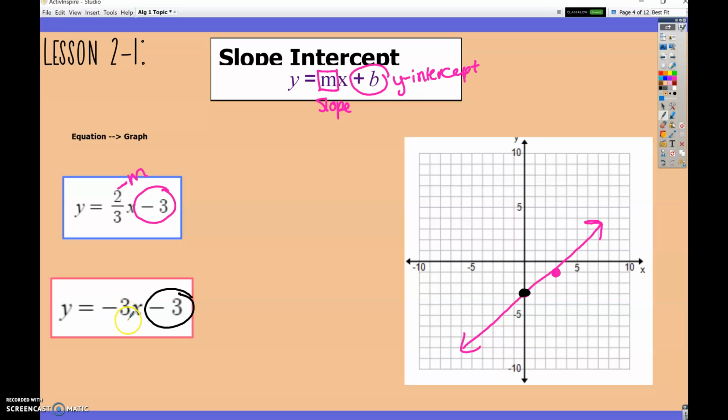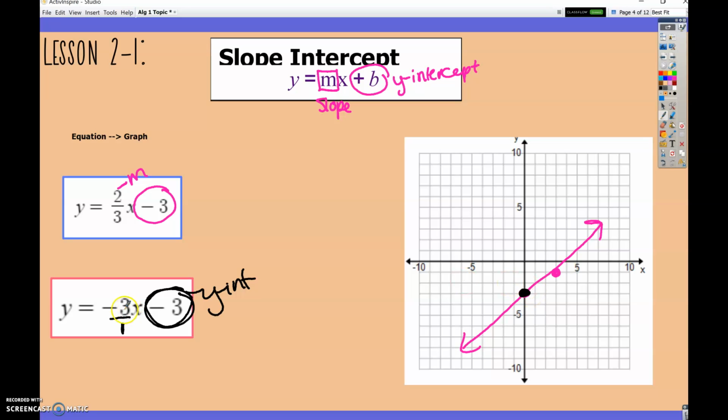There's no fraction. At first we thought they were frightening, but now we see we would actually like a rise over a run. When you don't have a run, you have to put a 1. That's because 3 divided by 1 would stay the same. In this case, negative 3 divided by 1 is negative 3. So I start at negative 3 for my y-intercept here, which I did over in black. They have the same y-intercept.